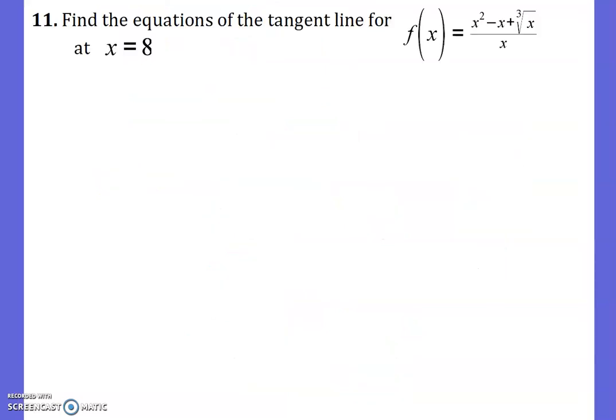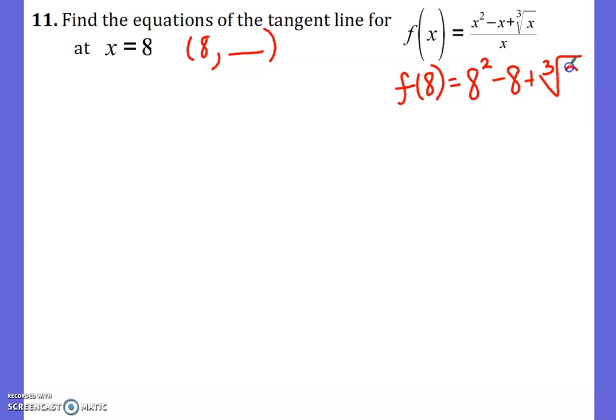Okay. Now we're going to find the equations of the tangent line for x equals 8. So when I am writing the equation of the tangent line, I need my point, which I know is 8 for my x. I need to find my y value, and then of course I need the slope. So to start, I'm going to plug in 8 for x, and then I'll take the derivative.